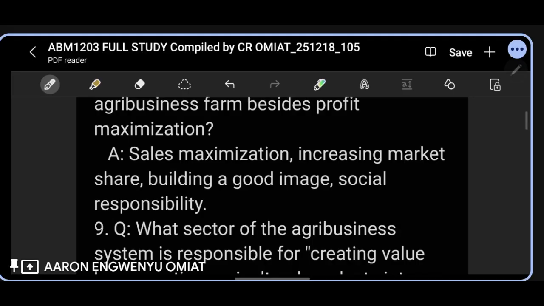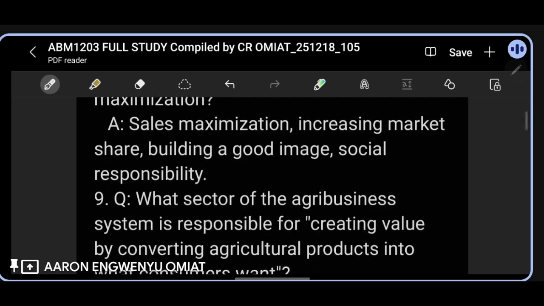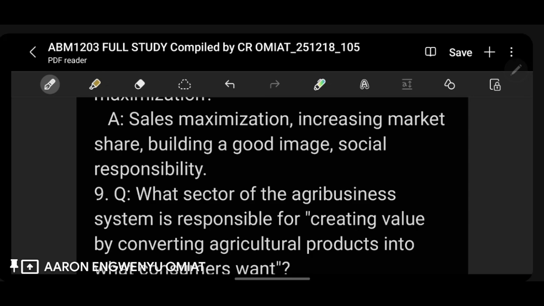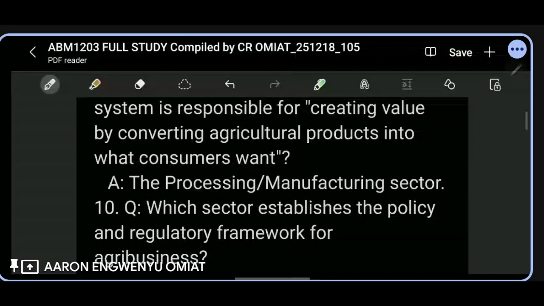What sector of agribusiness system is responsible for creating value by converting agricultural products into what consumers find? This goes to Amina. Production. Or manufacturing, okay. Which sector established the policy and regulatory framework for agribusiness? Agathon?